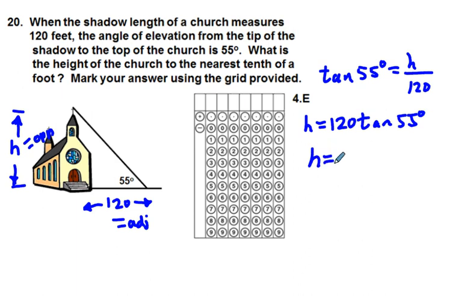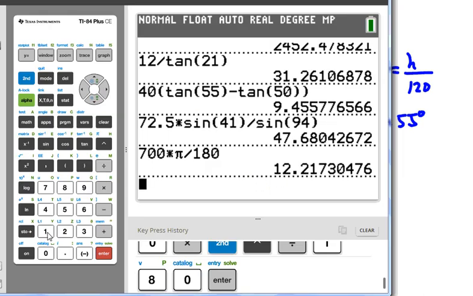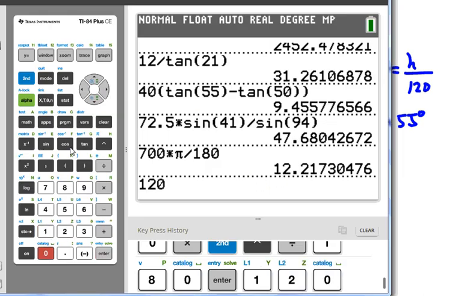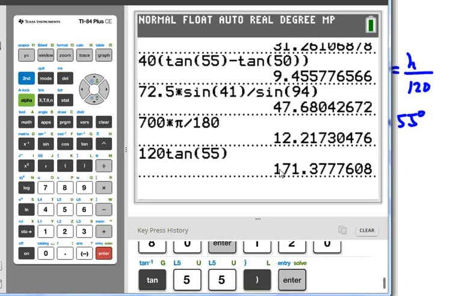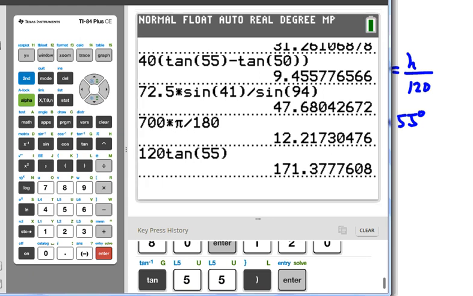So h is going to be equal to, and we're going to the nearest tenth of a foot, 120 tangent 55 degrees. We get 171 point, to the nearest tenth, 0.377. That rounds off to 0.4.